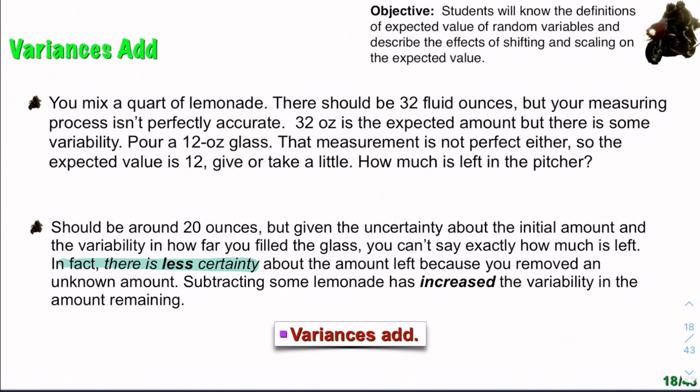So there is less certainty about the amount left because you removed an unknown amount. So subtracting some lemonade has increased the variability in the amount remaining. Hence, variances add. Keep saying that until it sticks.